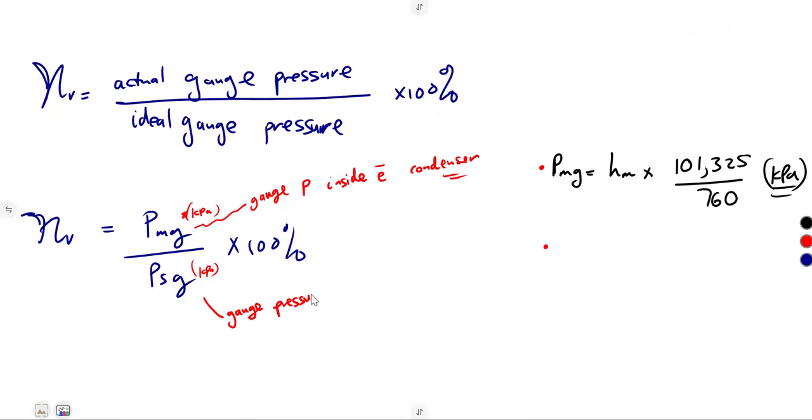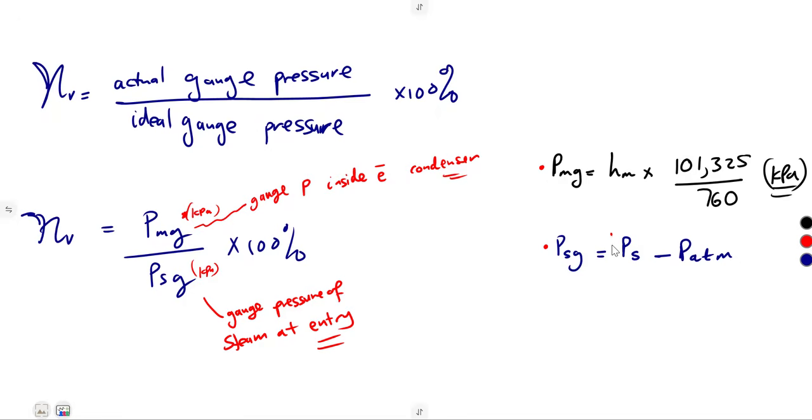Gauge pressure of steam at entry. At entry, meaning we must subtract the atmospheric pressure from the pressure of steam. So that is the condition.